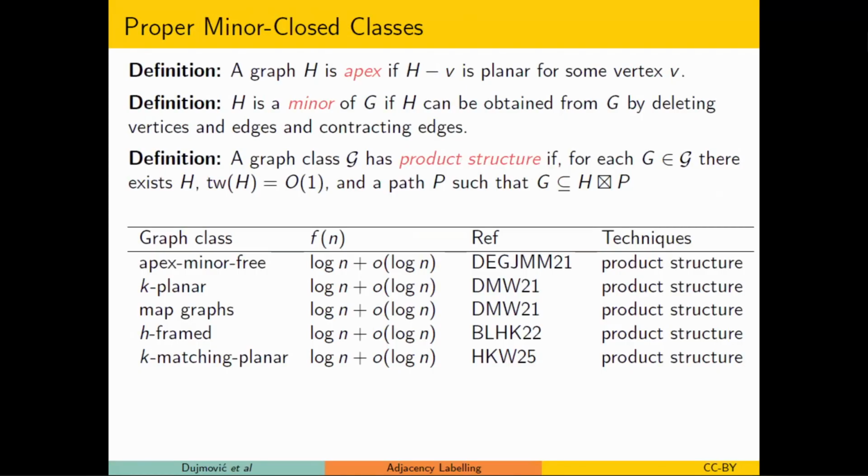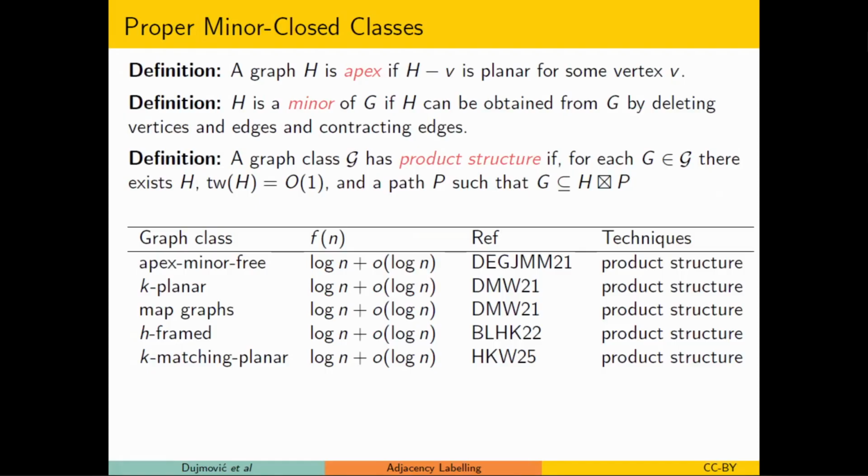That is just a graph from which I can remove a vertex and the graph is planar. So the most famous example of an apex graph is the complete graph on 5 vertices. K5 is famously not a planar graph. If I remove one vertex, I have a complete graph on 4 vertices, which is almost as famously a planar graph. So K5 is an apex graph.